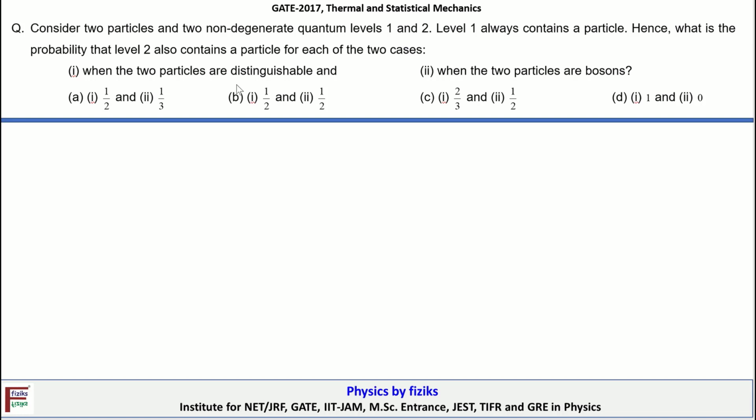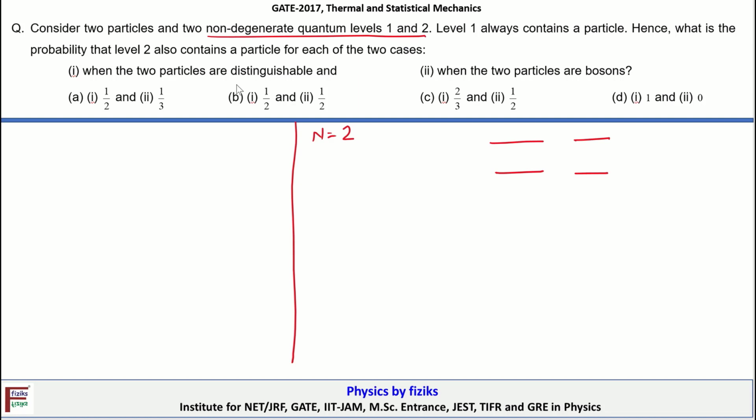Now let's take a look at the final problem. Consider two particles and two non-degenerate quantum levels 1 and 2. So we are given a situation where we have two particles, so number of particles is equal to 2, and two non-degenerate quantum levels 1 and 2.